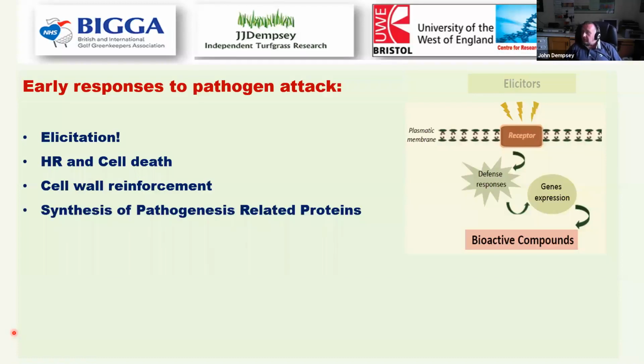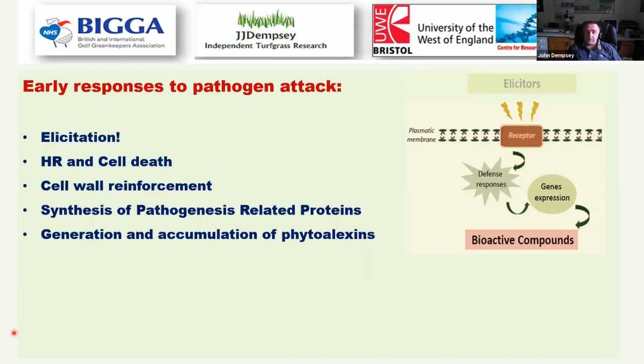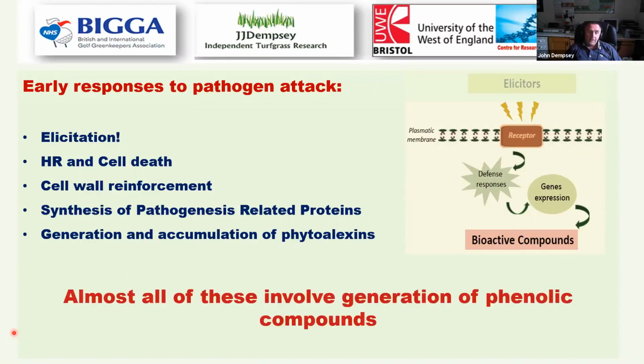Then there's synthesis of these PR proteins and accumulation of phytoalexins at infection sites. And the thing about all these compounds, the PR proteins, phytoalexins, signaling compounds, lignin, is that they're all what are called phenolic compounds. So they can be grouped together as phenolic compounds.